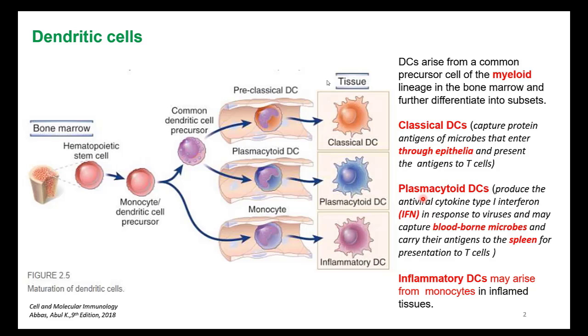And dendritic cells are really important in this job because they are really the only ones that can effectively activate naive T cells, meaning T cells that have never seen an antigen before. There are other cells that can do that, but not as effectively as your dendritic cells.